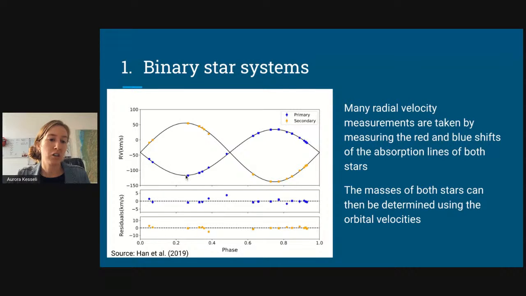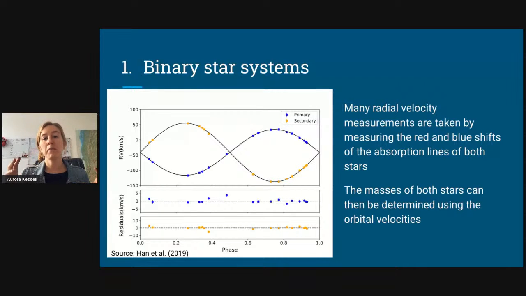You can see that we start at minus 50. So one goes about 50 kilometers per second, and one goes about 100 kilometers per second. So they probably have a change in about a factor of 2 between their masses.